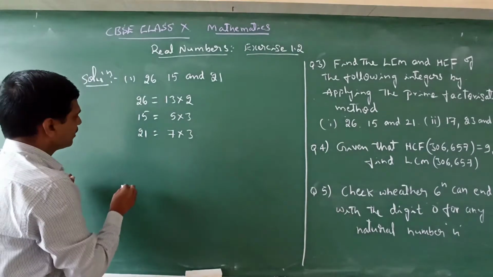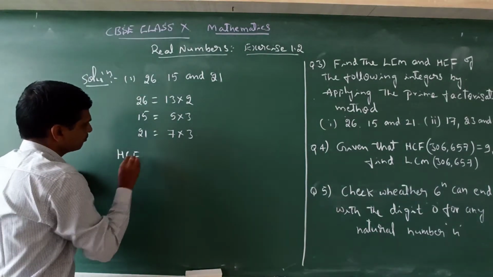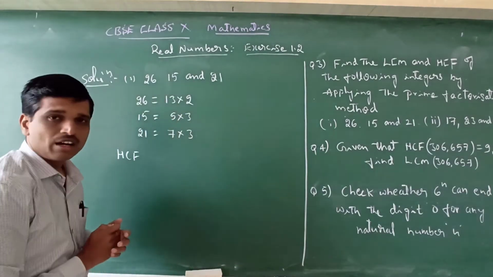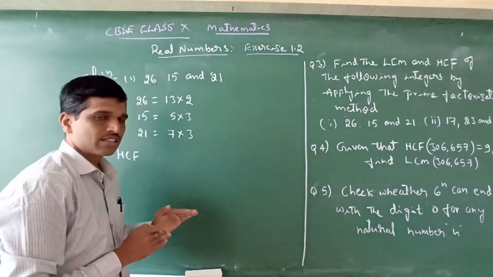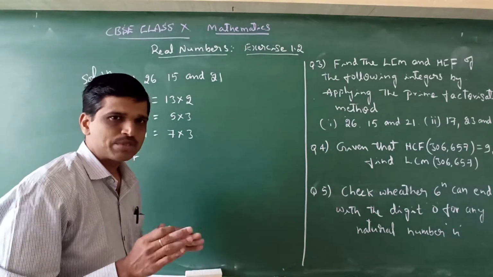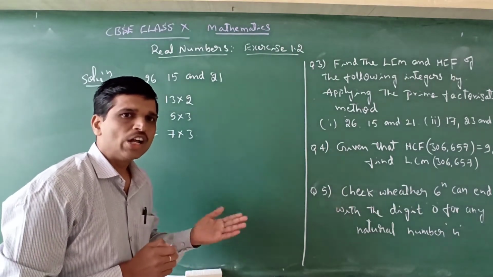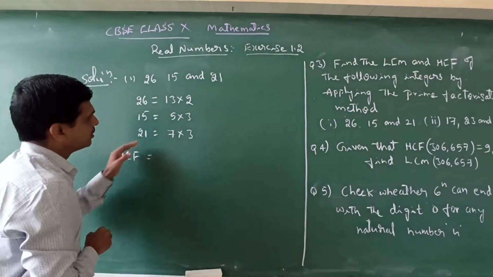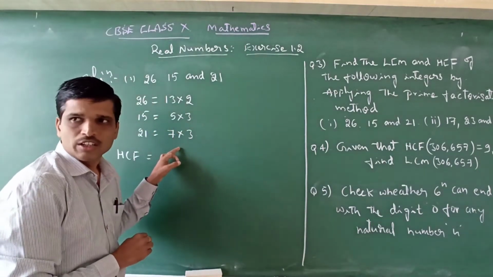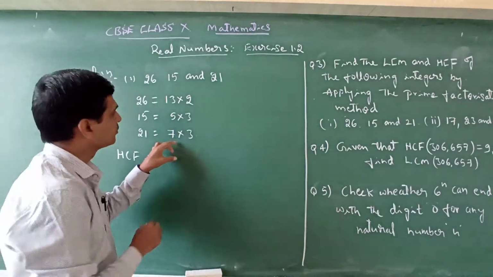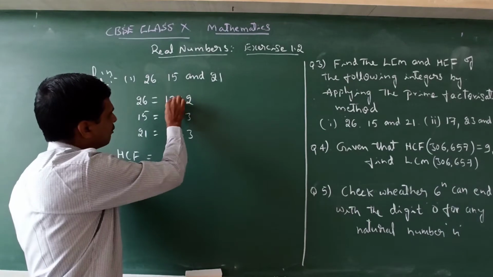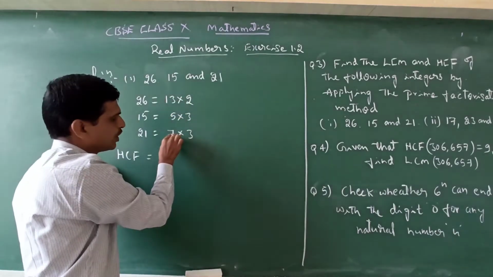So now consider their HCF, the HCF of these three numbers. I already told that the common primes which contain the lowest power are known as HCF. Here, consider which is the common prime number. No one, because 3 is here, 2 is here only, 13 only one number, 5 only one number, 7 only one number.